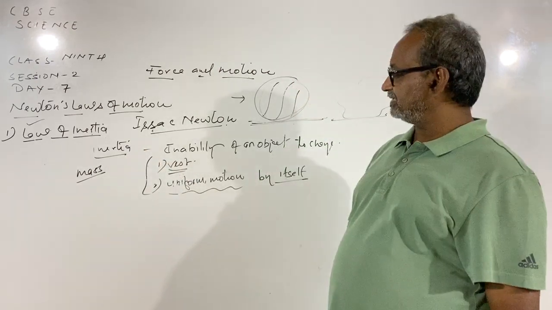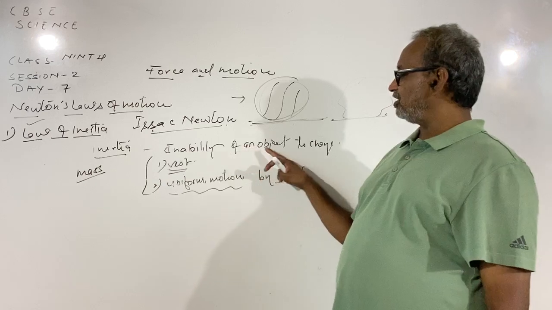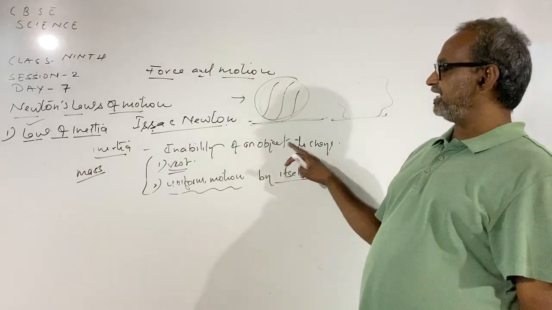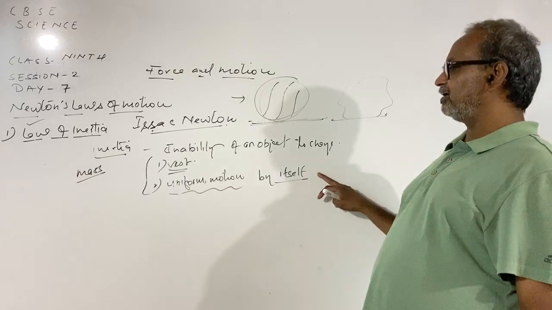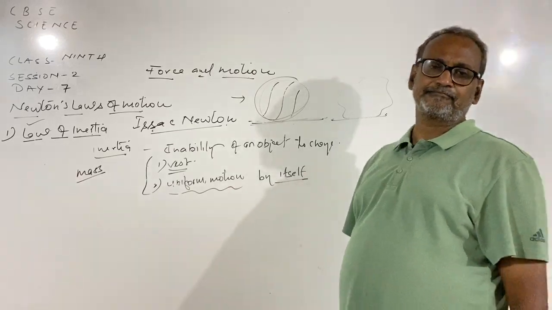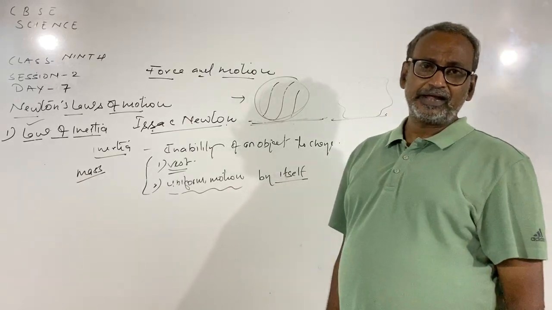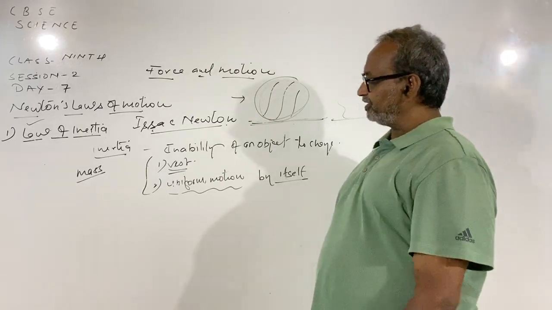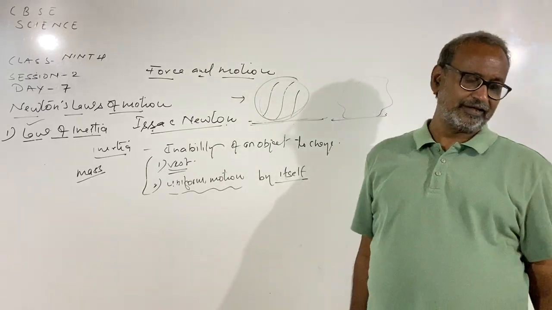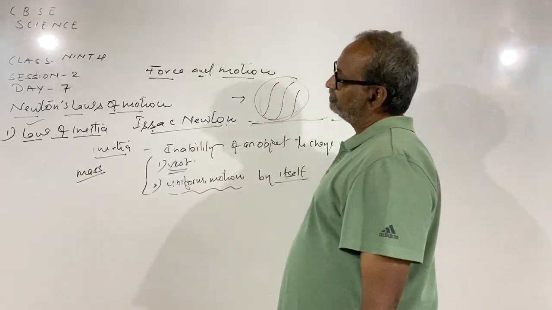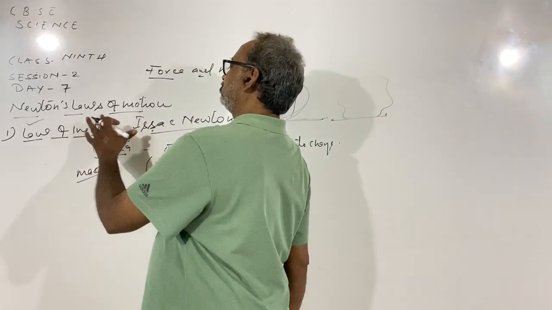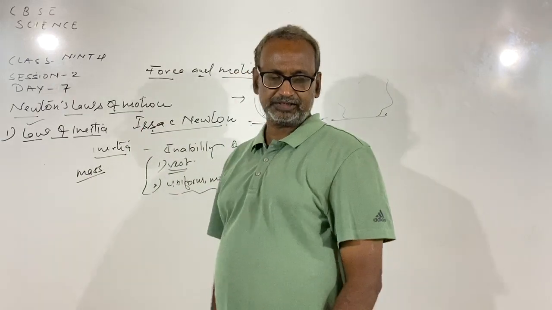So, inertia is inability of an object to change its state of rest or uniform motion along a straight line. Now, after clearing the concept of the inertia, we are in a position to make a statement of Newton's first law of motion.